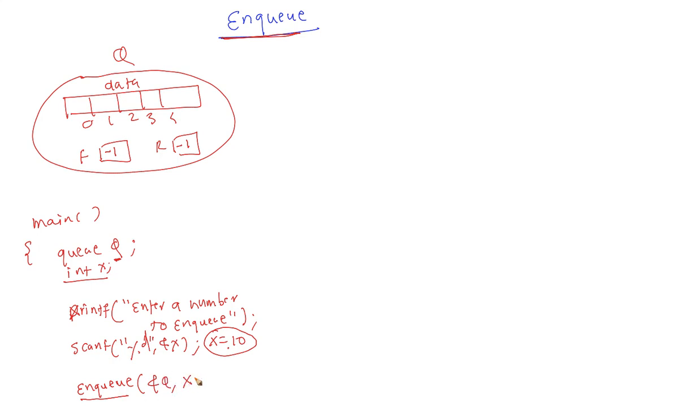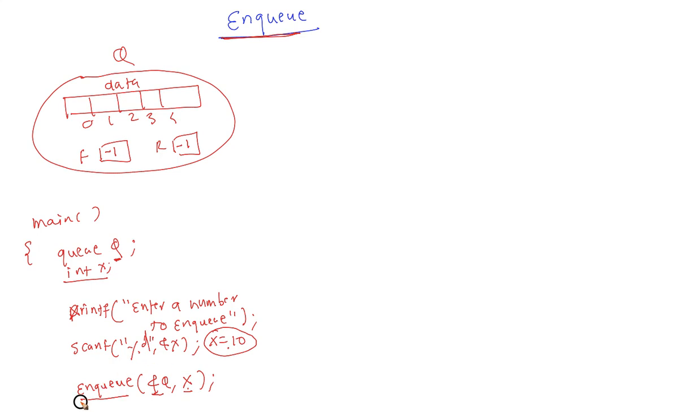And the number to be inserted. These two things I'll give to this NQ. I'll tell NQ, insert this X inside this queue. I'm passing the address because this X will be inserted in this queue only, not the copy, right? So this NQ will require the queue and the number to be inserted.